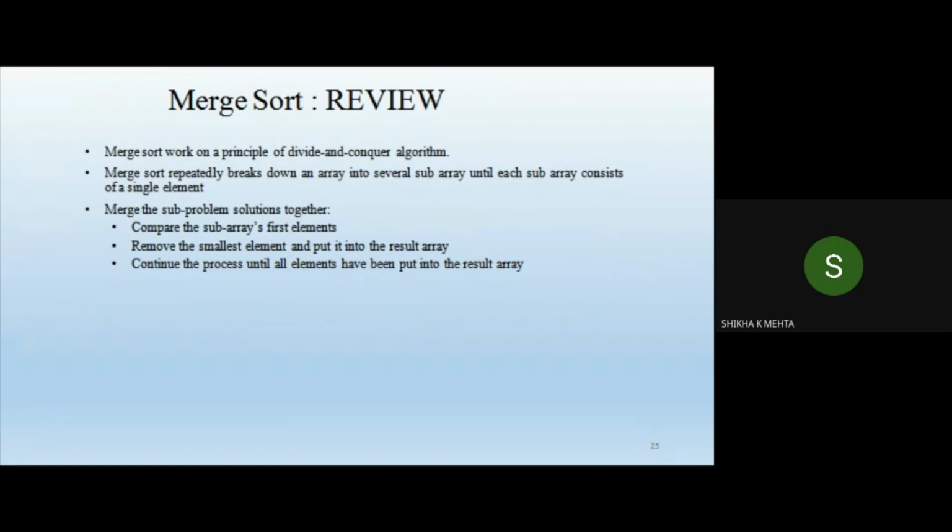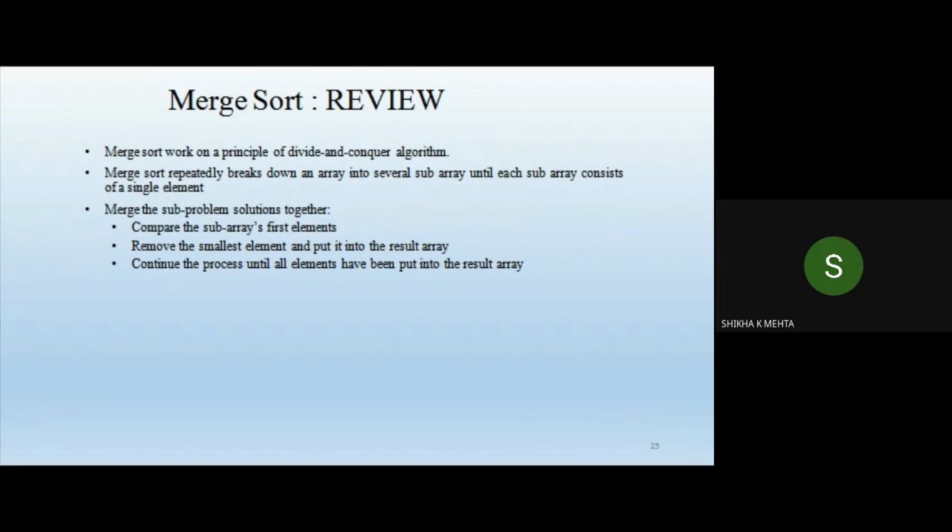The 1 is smaller than 5, so the 1 will be placed first and the 5 next when we merge them. So merging happens from bottom to top. As we move from bottom to top during the merging process, all the elements are merged together and the sorting is performed.